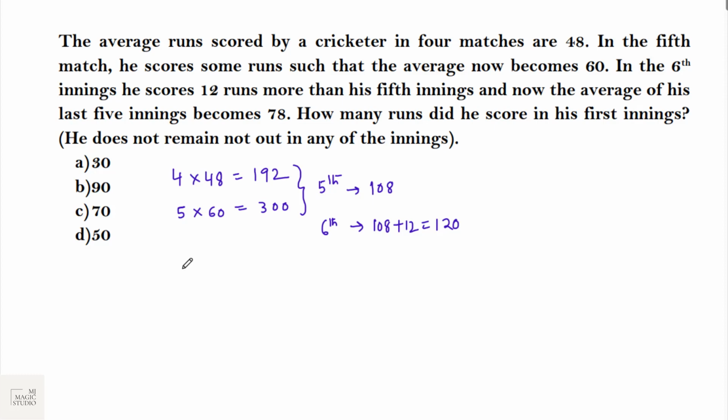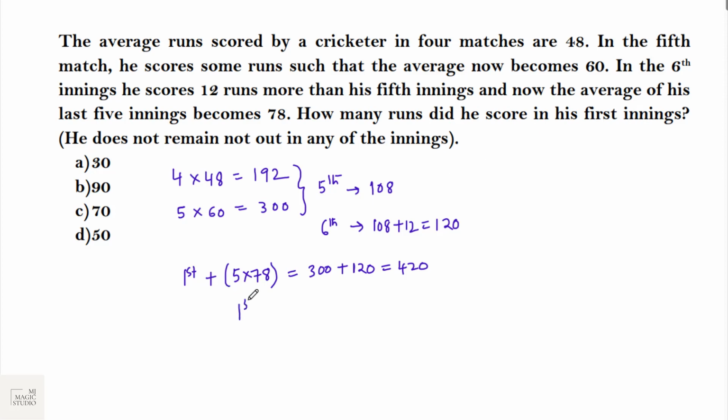So that means the total of first inning plus last 5 innings is 5 into 78. This should be equal to the 5 innings initial total, which was 300, and in the 6th inning he scored 120. So both side equations should be the same. That is 420. How many runs did he score in his first innings?